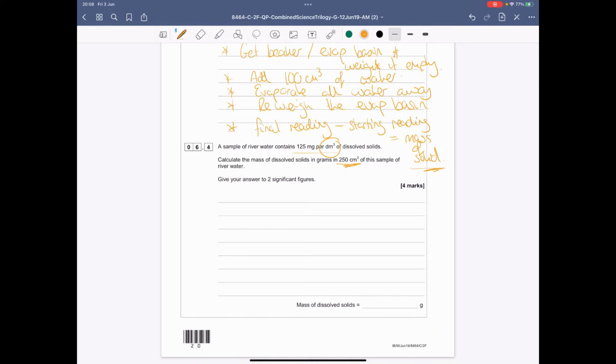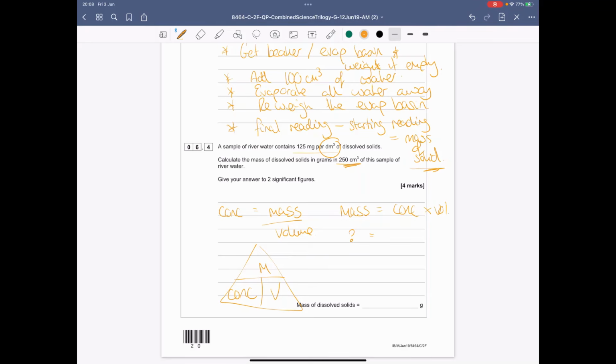So the equation is concentration is mass divided by volume. If I put that into a triangle, concentration, mass over volume. So therefore mass is equal to concentration times by volume. So I'm working out my mass.